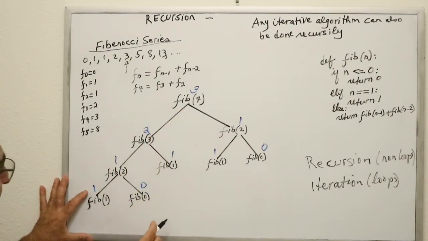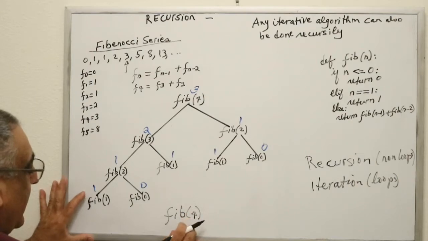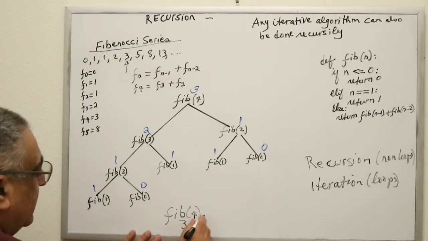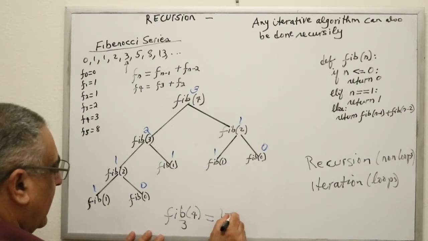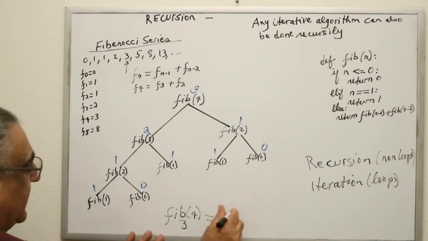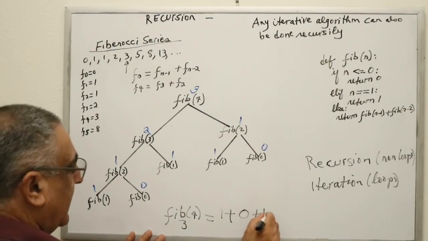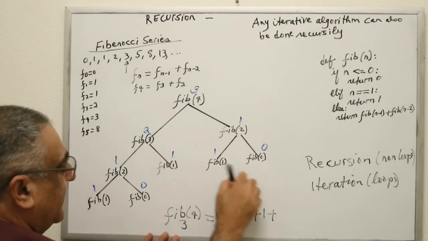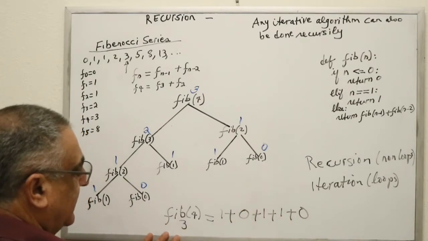So the Fibonacci of the fourth term, okay, happens to be 3. It is the Fibonacci of the first term, which is 1, plus the Fibonacci of the 0 term, which is 0, plus the Fibonacci of the first term, which is 1, plus the Fibonacci of the first term, which is 1, plus the Fibonacci of the 0 term, which is 0.